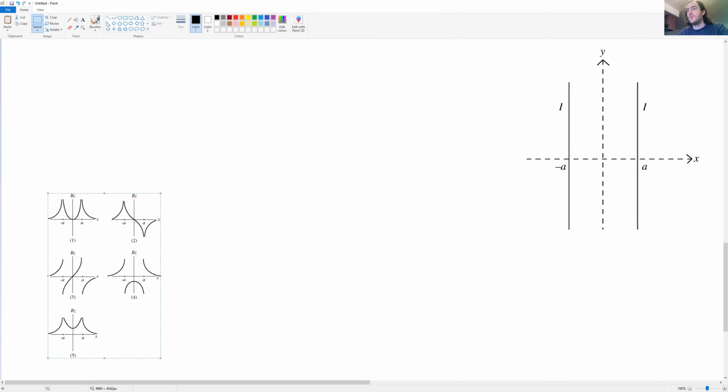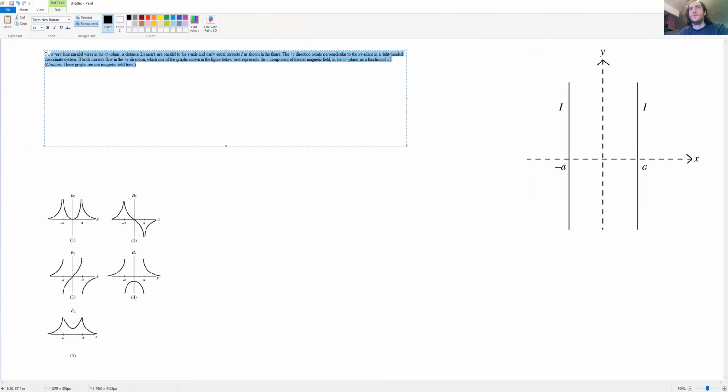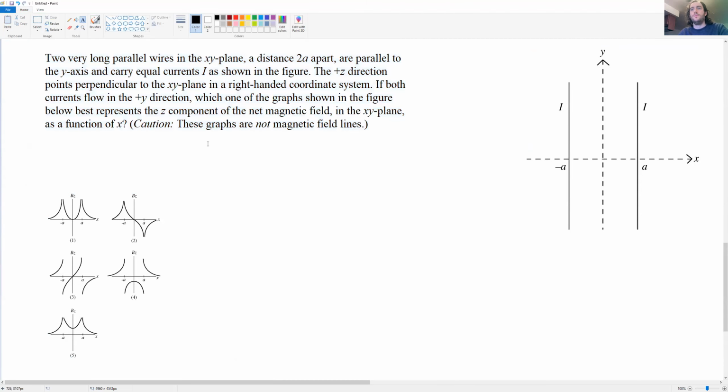So something like this, where you have to pick the correct graph. So we'll take a look at this question later. I'm gonna go ahead and pause the recording and then just jump back when everybody comes back into the room.